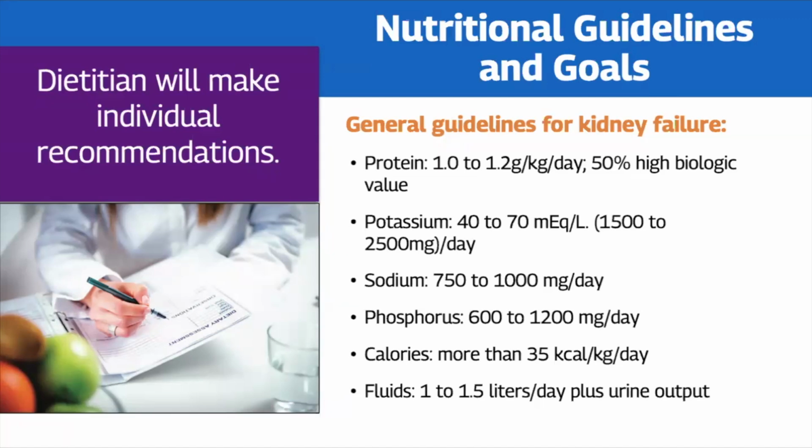The ADA recommends no more than 2,000 milligrams per day of salt. Phosphorus is restricted to 600 to 1,200 milligrams per day, and calories are actually upped to 35 kilocalories per kilo per day, and that equals, for that 70-kilogram patient, somewhere around 2,500 calories a day.